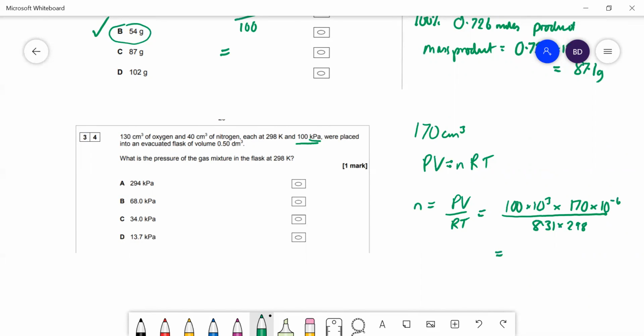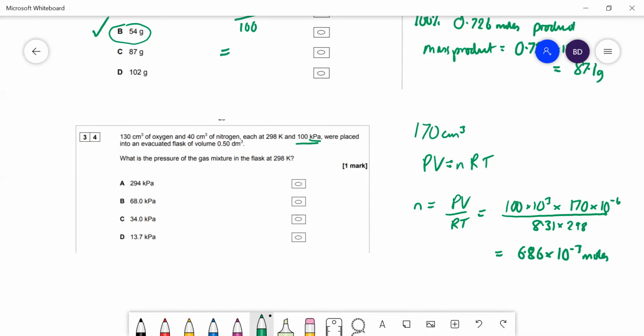The total number of moles of gas then is going to be 6.86 times 10 to the minus 3 moles.